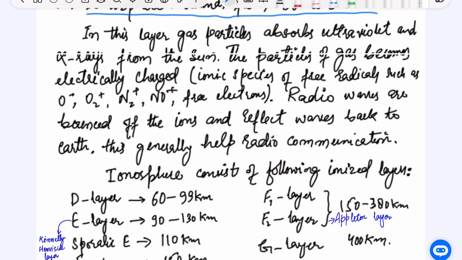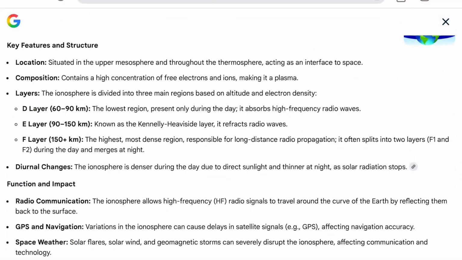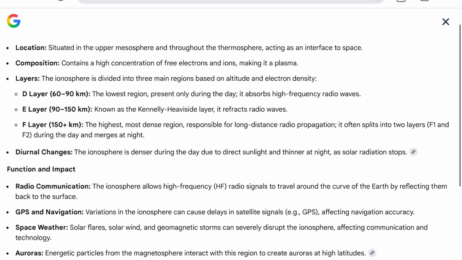If you see, these D, E and F layers have some diurnal variations which can be seen in this way. The D layer is the lowest region, present only during the day.